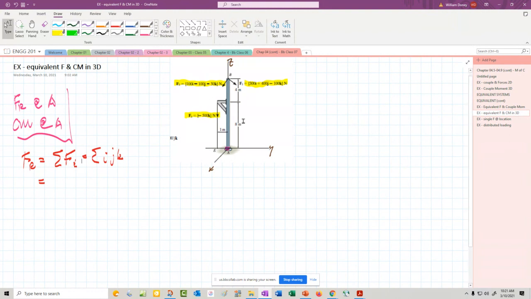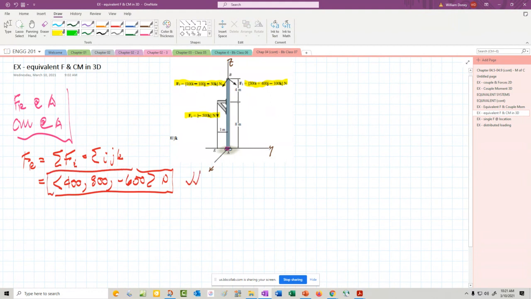So I can probably do this in my head: 400I plus 300J, and minus 5, minus 1, minus 650K. Done, done, done. That was easy. I love it when they give it in Cartesian vector form. We just have to add them all together. That's the resultant force at point A.